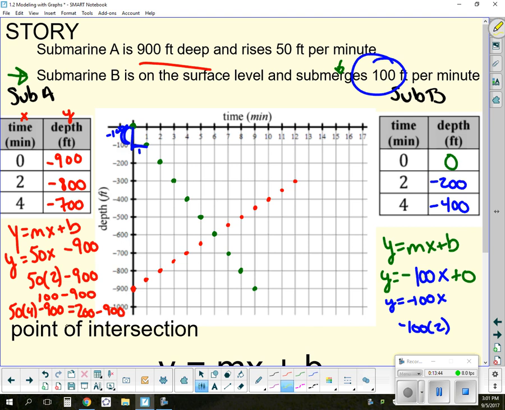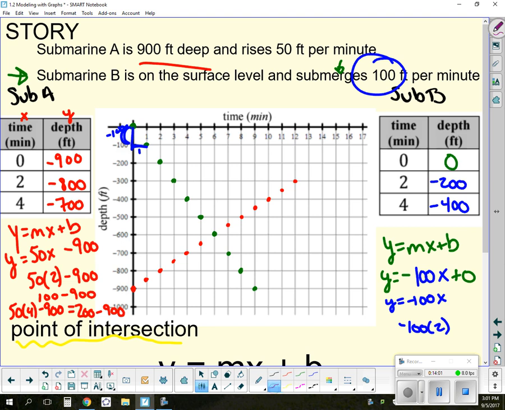What would the point of intersection represent here? We already said that the y-intercept represents the starting points of the submarines. What would the point of intersection represent?